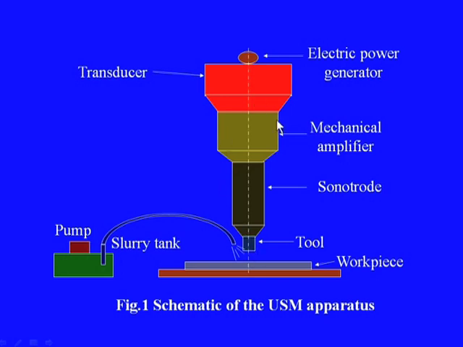So, this arrangement is for coupling, conversion of electrical energy into mechanical energy, and amplification of this mechanical vibration to a desired level, and this vibration can also be controlled by appropriate control mechanisms of this electrical power and so on. Further, along with the frequency of oscillation, we can also control the amplitude at which it is vibrating. That arrangement can also be made in this control system.